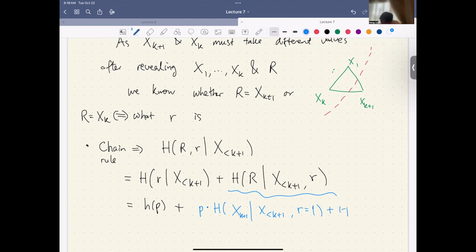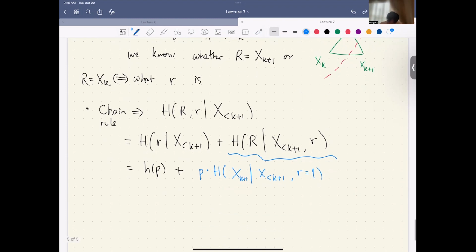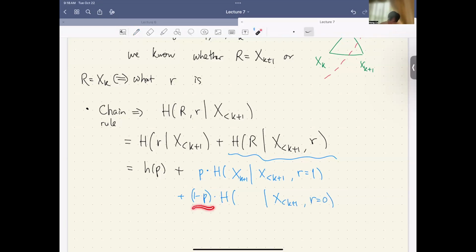Plus, with probability 1 minus p, times, let's copy this. If r equals 0, which happens with probability 1 minus p, then capital R we know is xk.